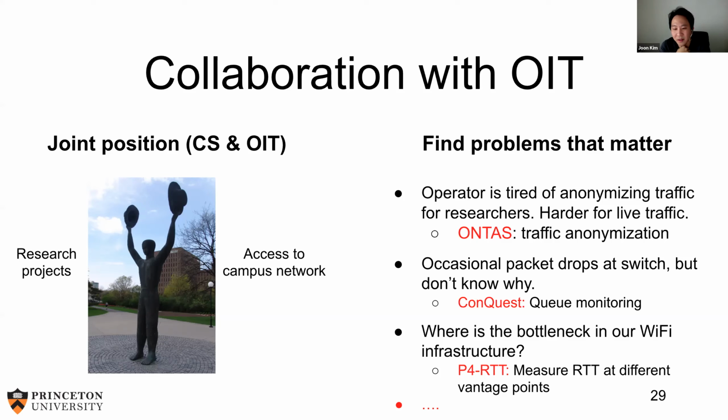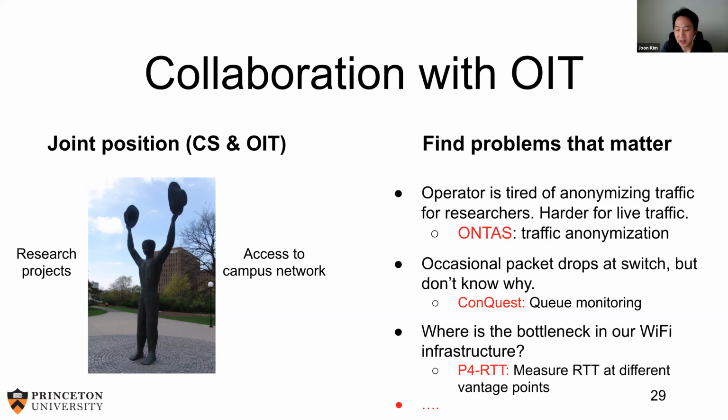A big thing in our Princeton network right now is doing Wi-Fi first. We try to do Wi-Fi first, meaning that we're trying to move a lot of things onto wireless and only put what is necessary on wired. So a big question is, where is the bottleneck in our Wi-Fi infrastructure?